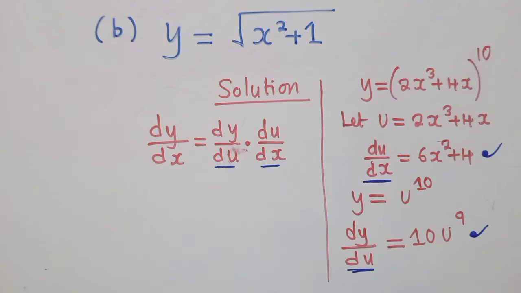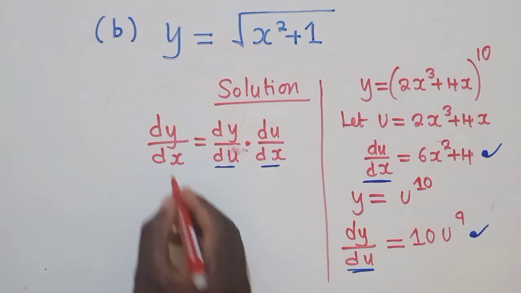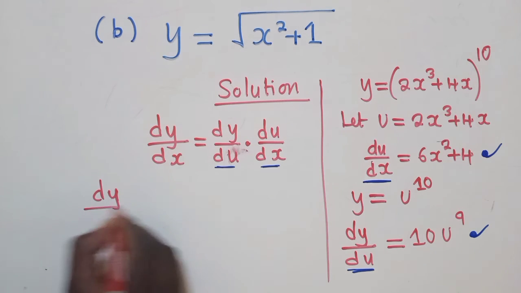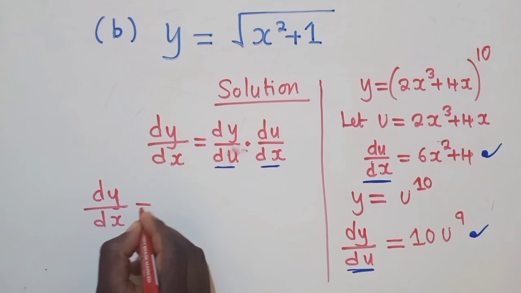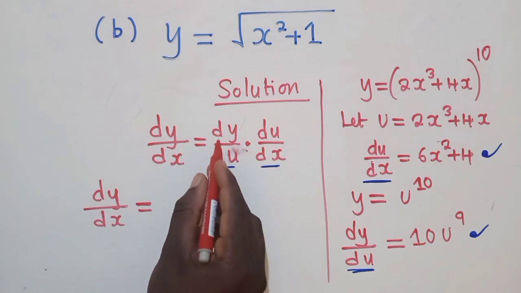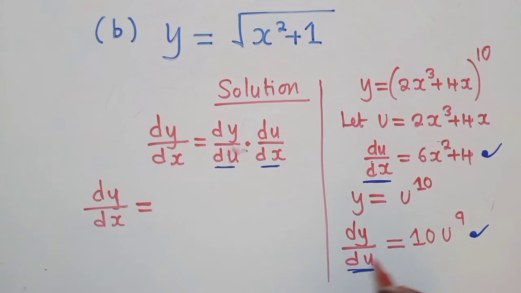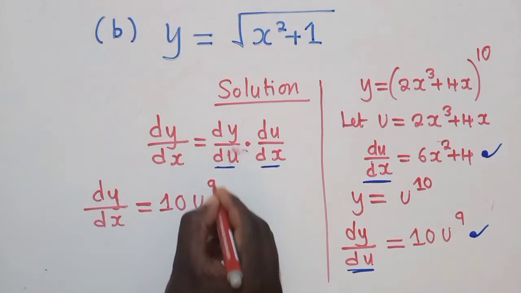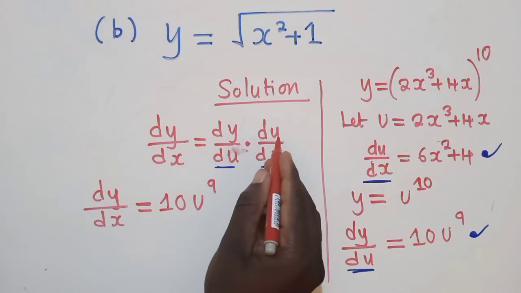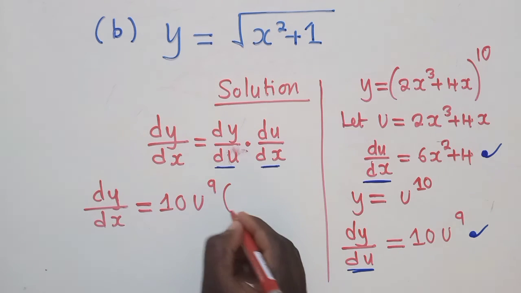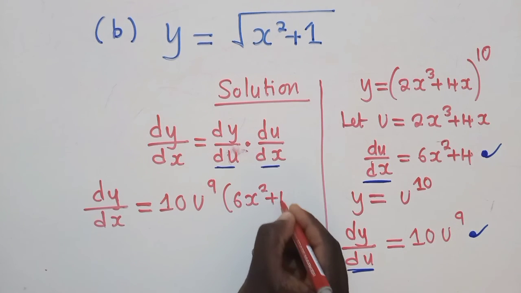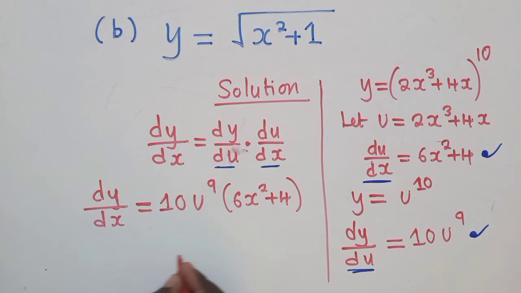When we substitute, dy/dx will be equal to dy/du, which is 10u power 9, times du/dx, which is 6x power 2 plus 4. We clean up things.